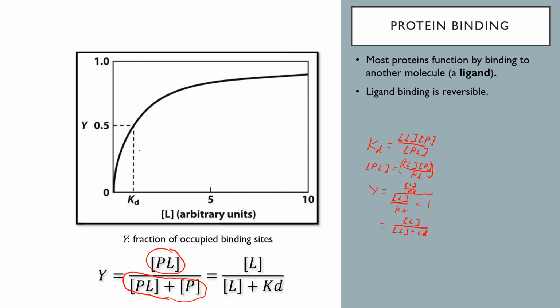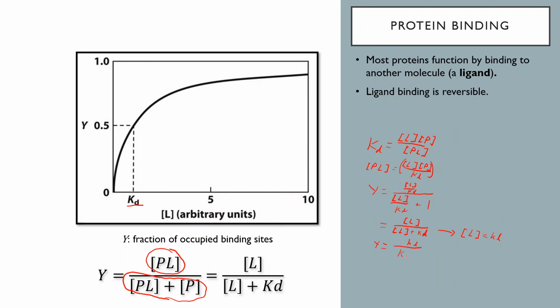And you can see that when the ligand concentration equals the dissociation equilibrium constant, that is by definition, according to our equation, when Y equals 1/2, because then we can just plug in over here KD. So if we say that ligand concentration equals dissociation constant, then Y just becomes this.